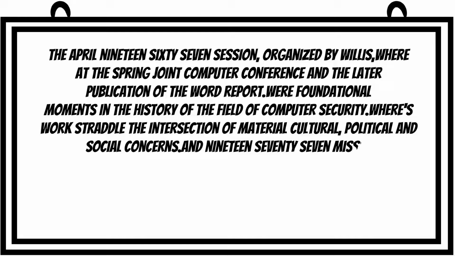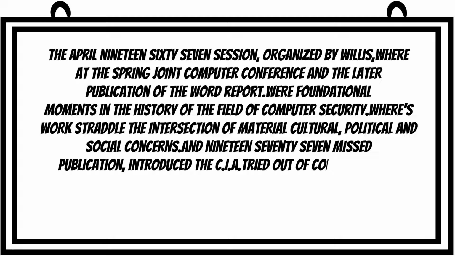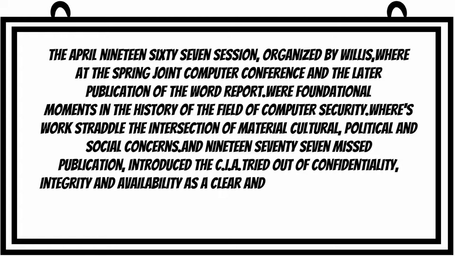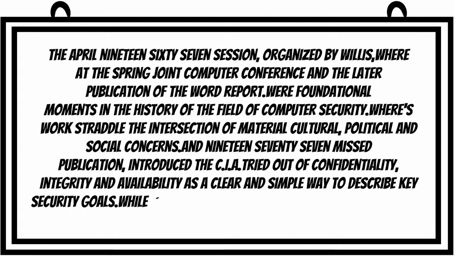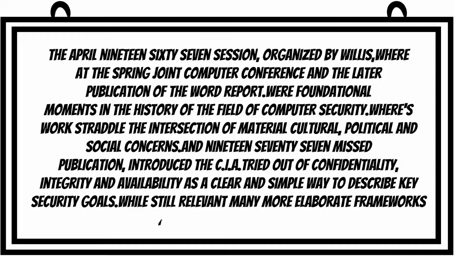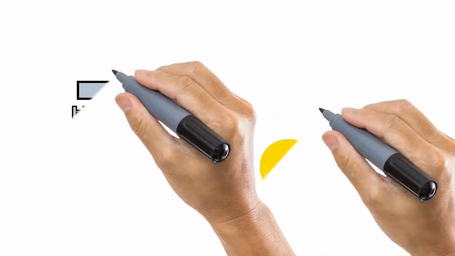A 1977 NIST publication introduced the CIA triad of confidentiality, integrity, and availability as a clear and simple way to describe key security goals. While still relevant, many more elaborate frameworks have since been proposed.